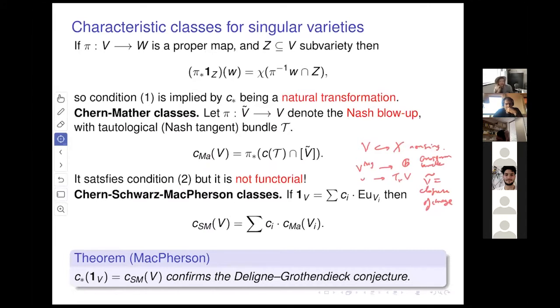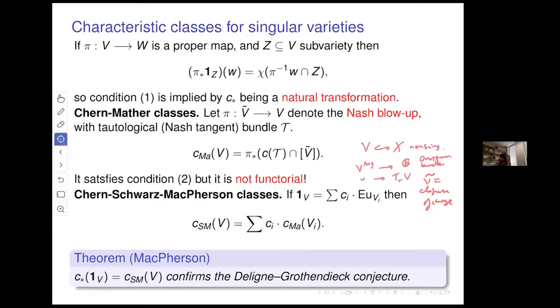So MacPherson's realization was that you can modify this in such a way that you do get a functorial construction. And this is with the Chern-Schwartz-MacPherson classes.